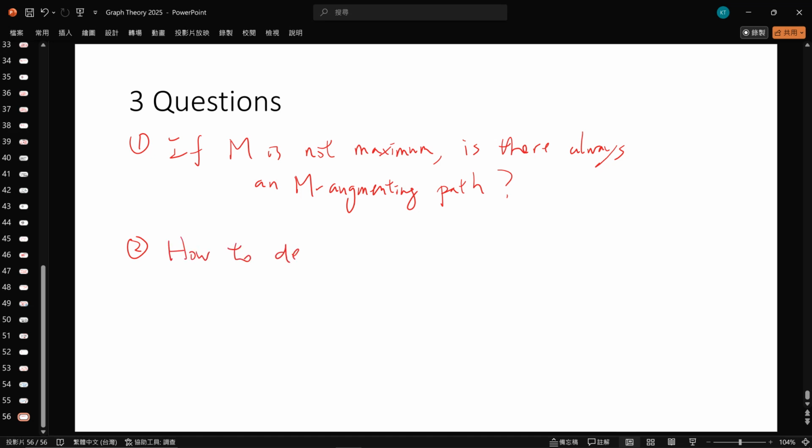And the second question is how to design an algorithm to find an M augmenting path. So this is an algorithm design question. And the third question is how to show that the algorithm produces the best solution.